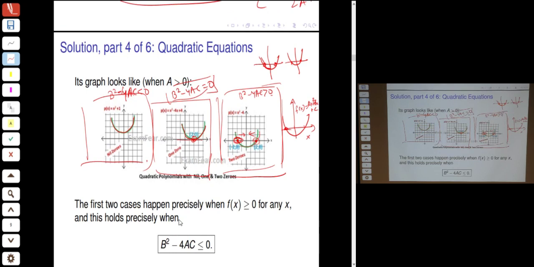So, you see that the first two cases are precisely the cases when the graph is always above the x axis or maybe barely touches it. It never goes below the x axis.